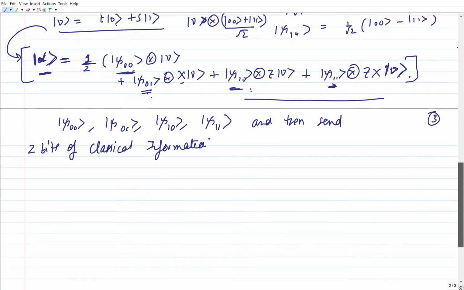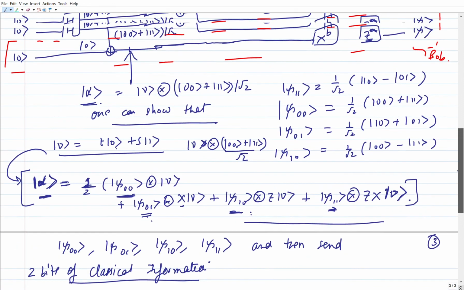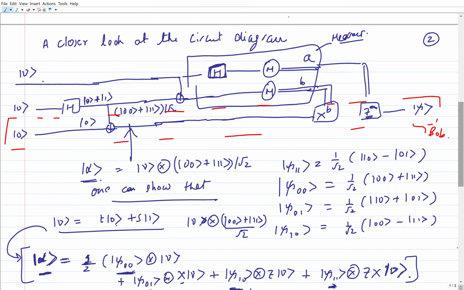And Alice can send two bits of classical information A and B to Bob, and depending upon what those A and B are, Bob applies these two gates and finally gets the teleported state.